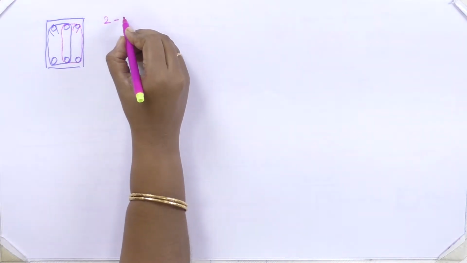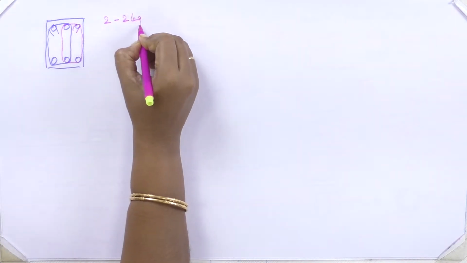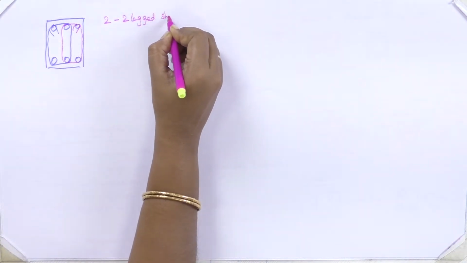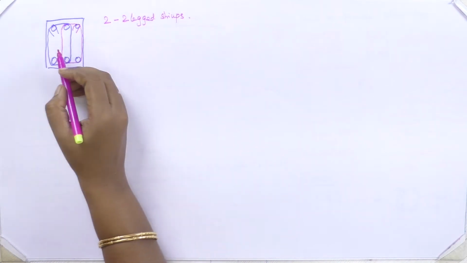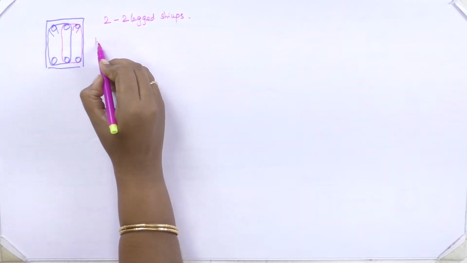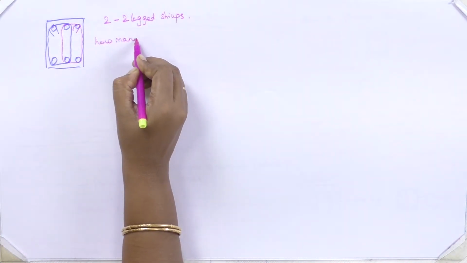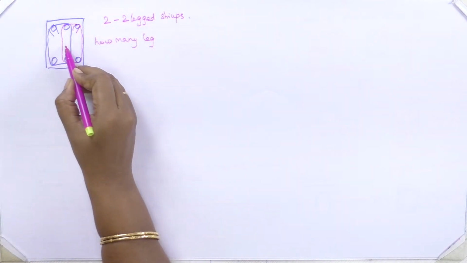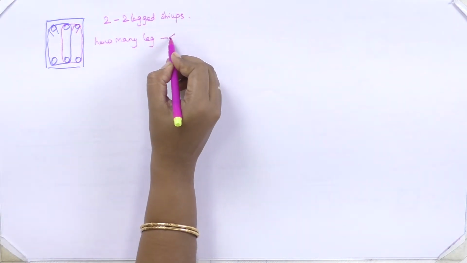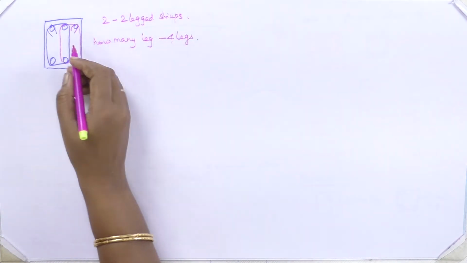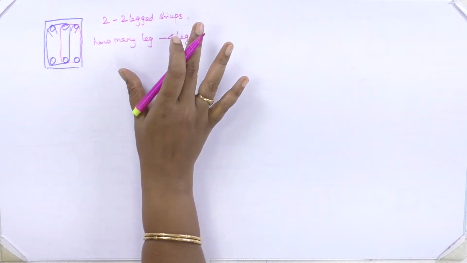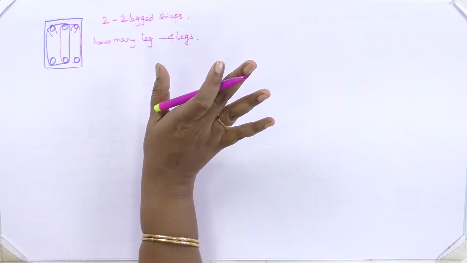So two-legged stirrups. Here, how many legs? 1, 2, 3, 4. So 4 legs. These legs are purely based on your shear capacity.